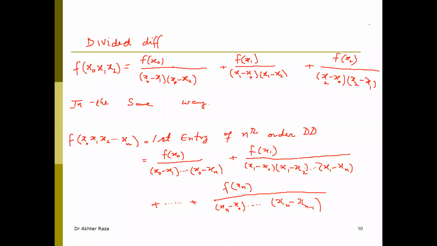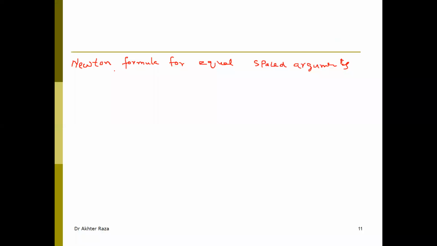The first order divided difference can be written in this way. This is the first formula. This formula is used to estimate an unknown entry corresponding to a given argument. The second formula is called the Newton divided difference formula.